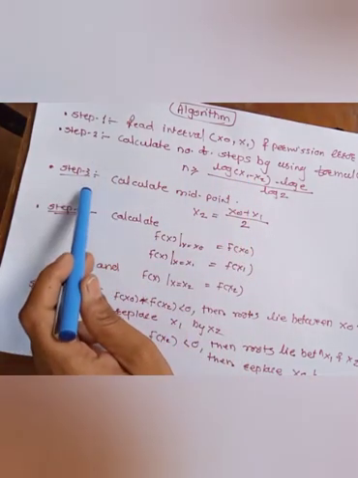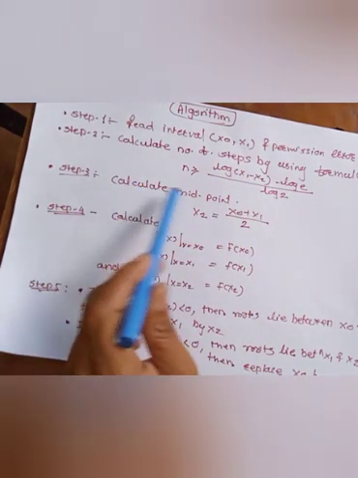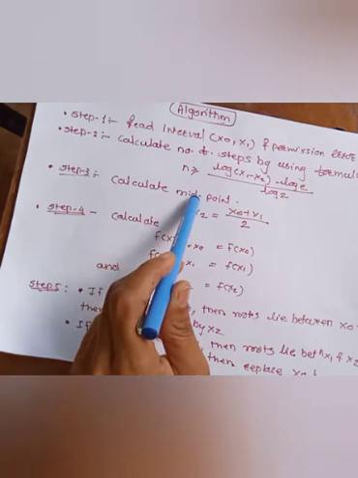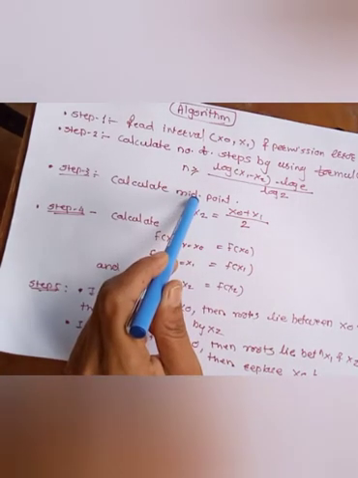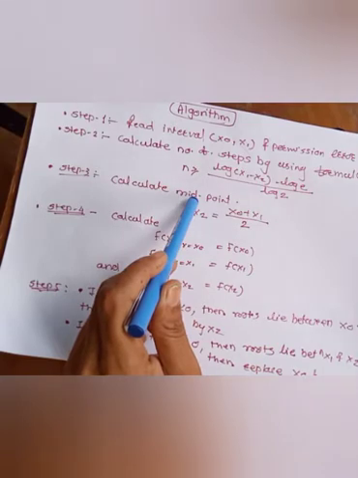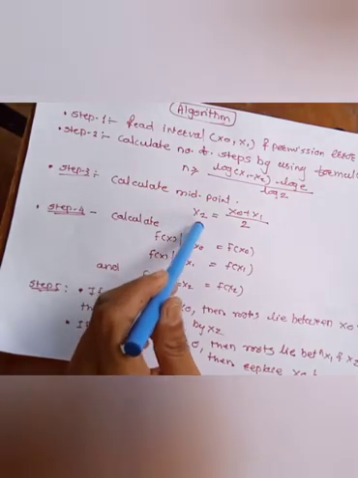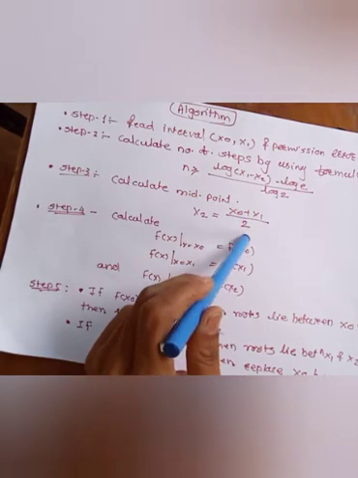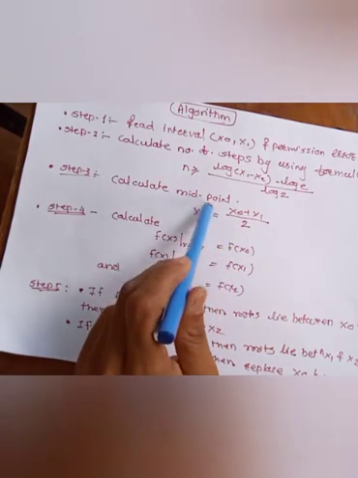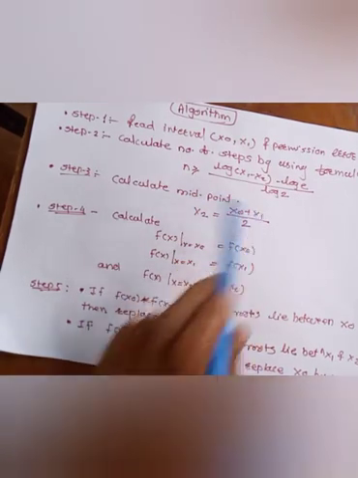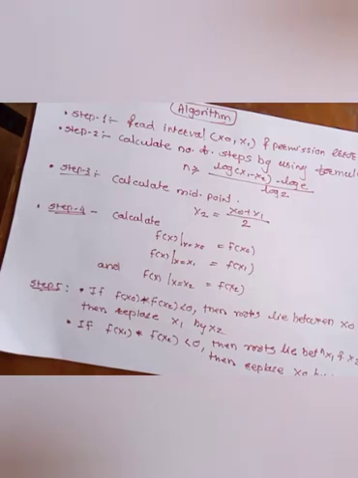In step 3 you have to calculate the midpoint. You know that in each iteration your root lies at the center, so that midpoint is required to be calculated. And what is that? x2 is equal to x0 plus x1 divided by 2. This is the midpoint x2 which lies between x0 and x1. Get it? Okay. Now in step 4, what is the requirement?